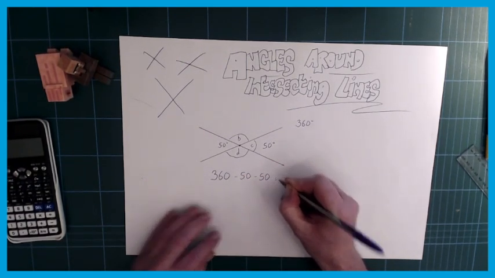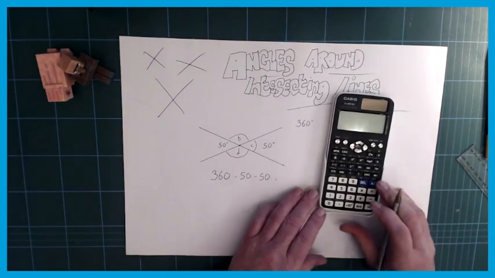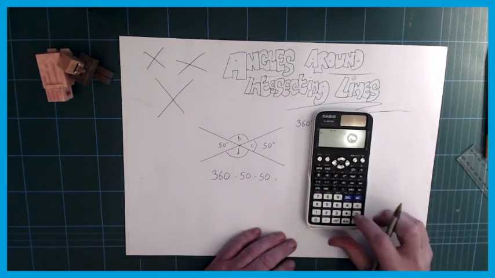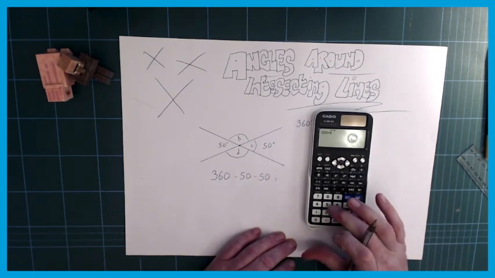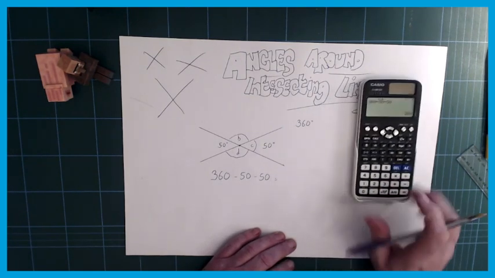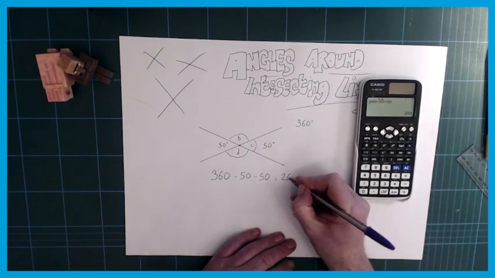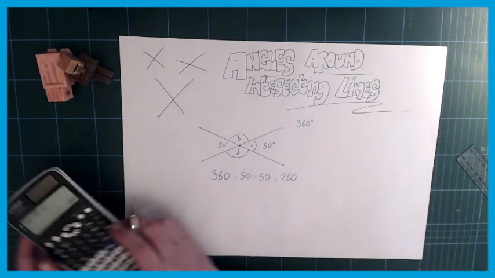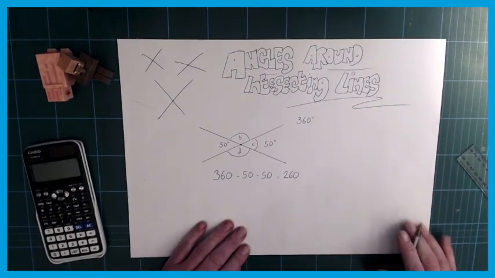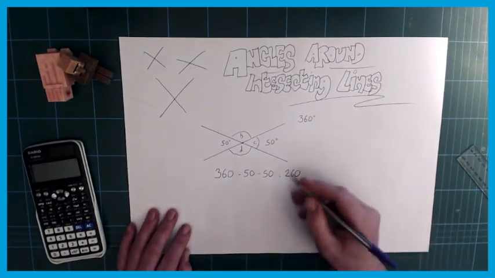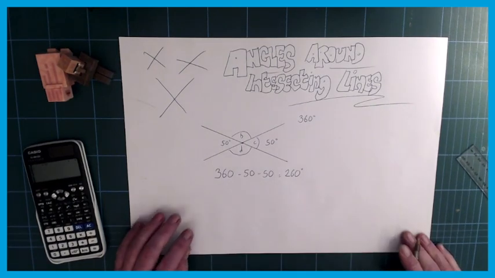I don't really need to use a calculator for this, but just to show you what's happening. We've got 360, take away 50, take away 50 equals 260. So obviously 360 take away 100 is going to be 260. So what we know now is those two angles add up to 260 degrees.